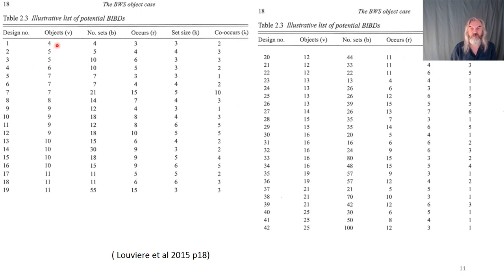there are different designs for different object numbers, and what they vary is in terms of the number of sets that we're going to have to create, the number of objects that are in the set, this is the set size, and then the co-occurrence and the occurrence.